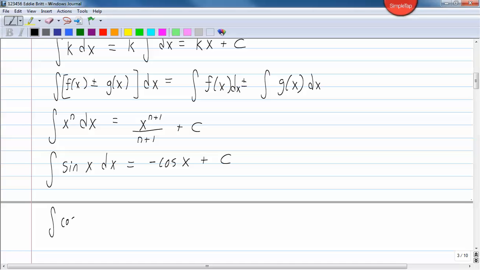The integral of cosine of x is equal to sine of x plus c, because the derivative of sine is cosine.